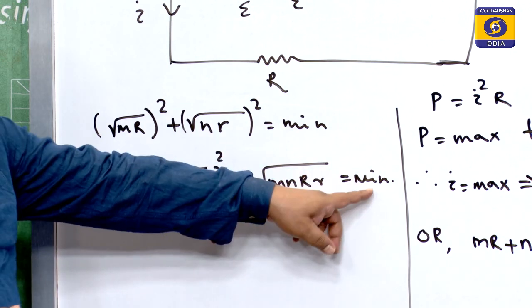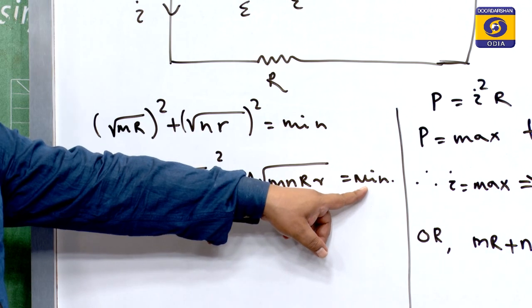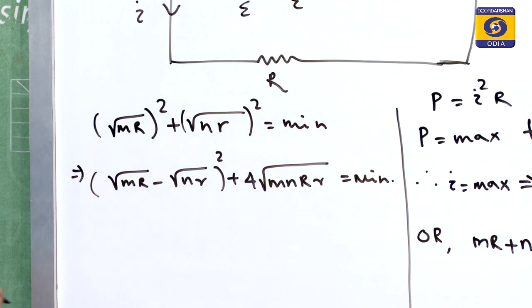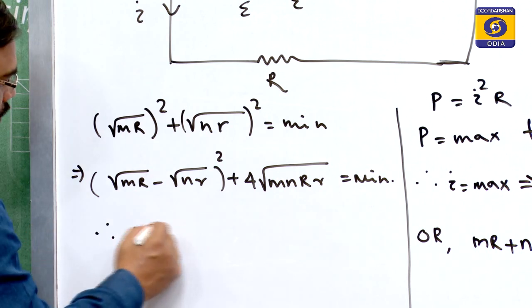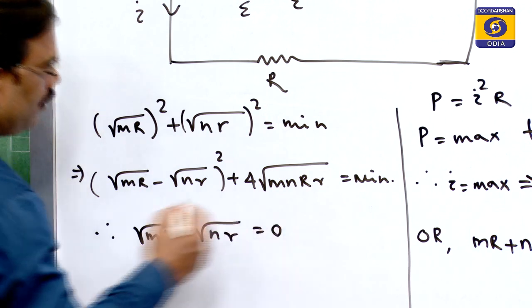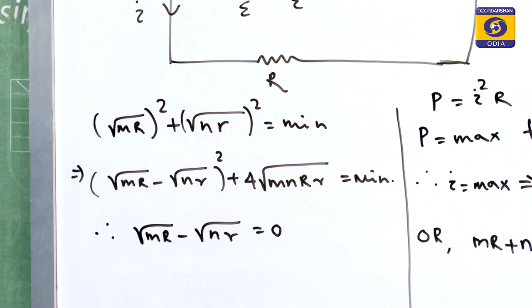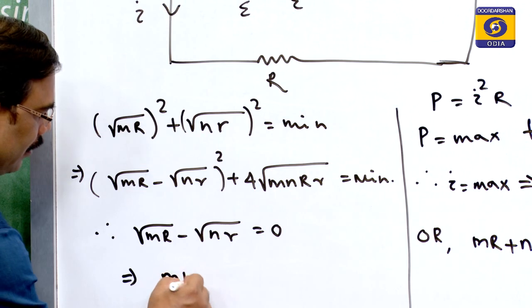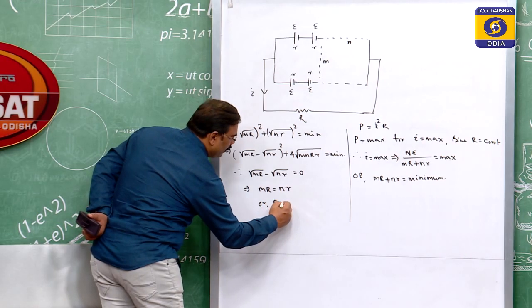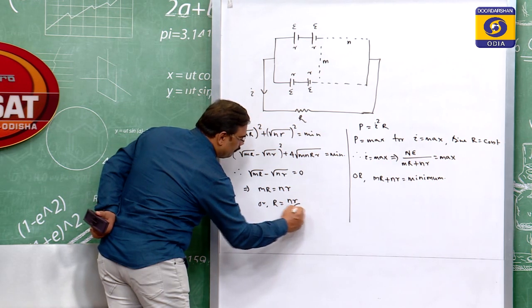So this can be minimum only when this part is equal to 0. Therefore, root over of mR minus root over of nr must be equal to 0 to get the value of mR plus nr minimum. Therefore, this implies mR equal to nr, or R equal to nr by m.